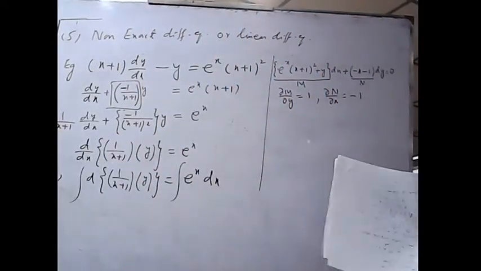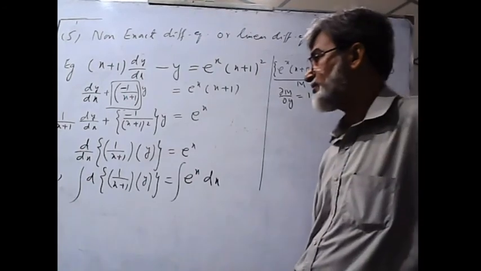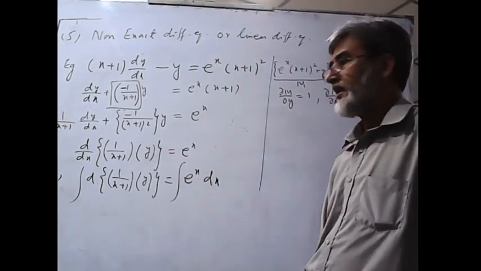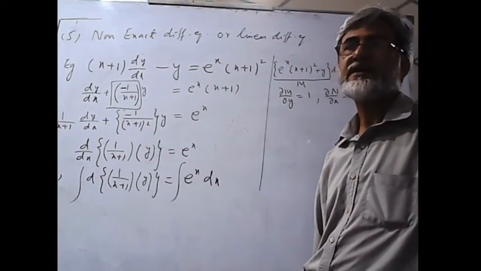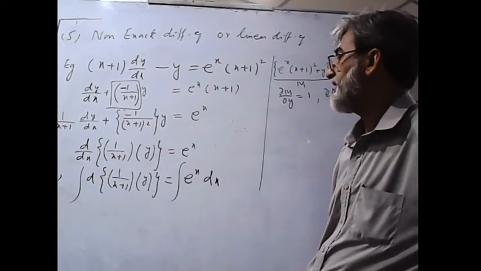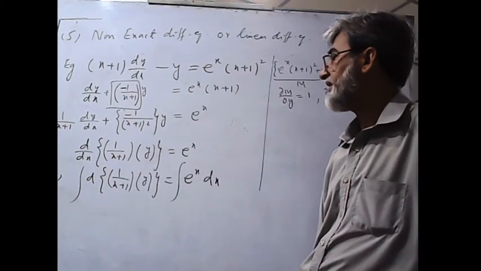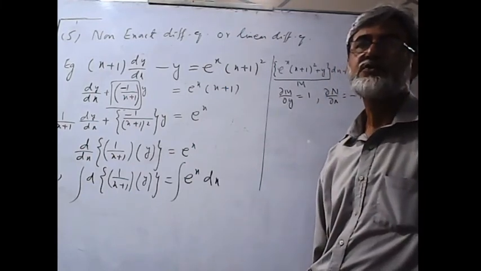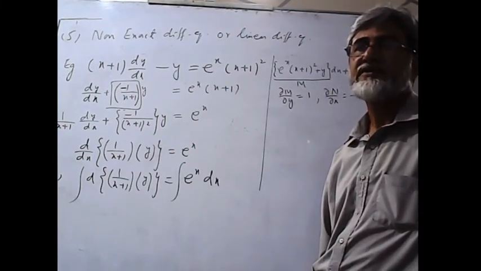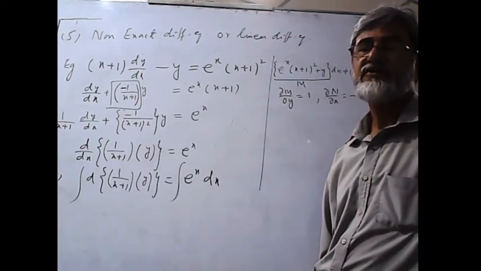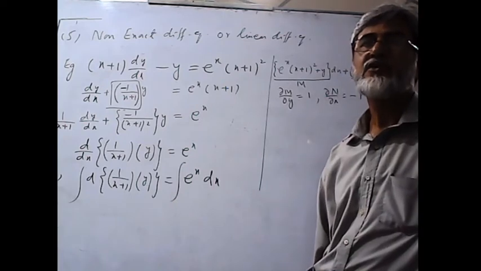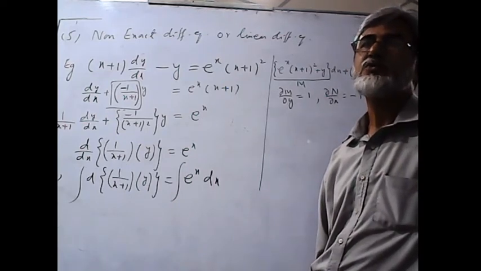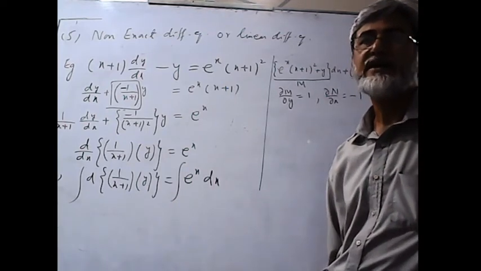So a linear equation directly converts into separable variable form after multiplying by the integrating factor, with the left hand side maintained as the exact differential of u into v, where u is always the integrating factor, and v is always y in case of dy by dx, or v is equal to x in case of dx by dy.